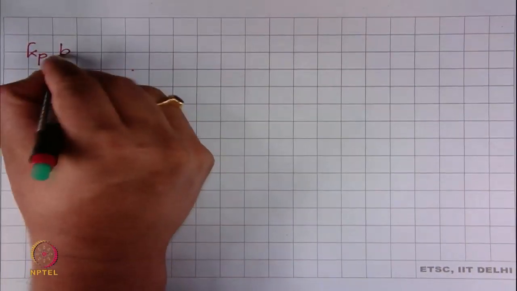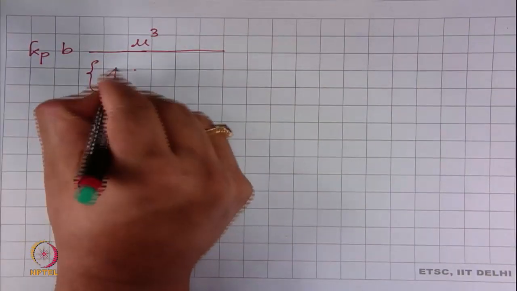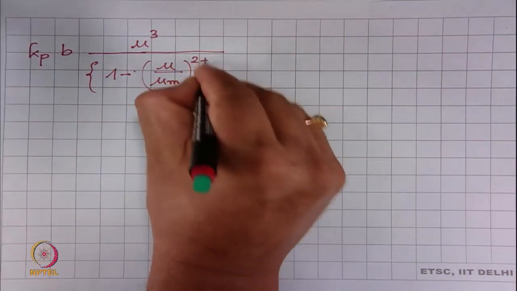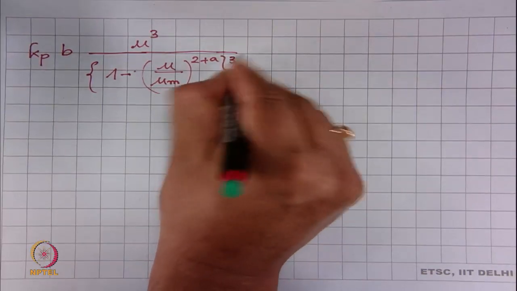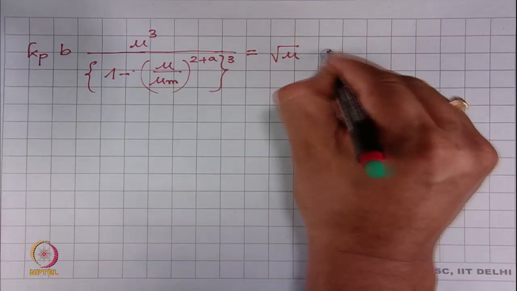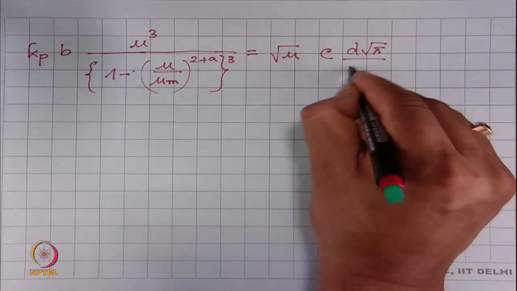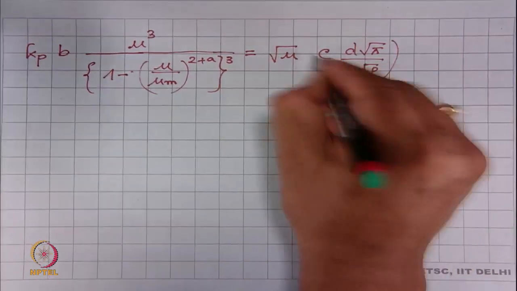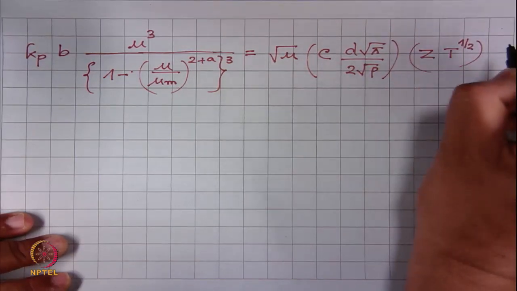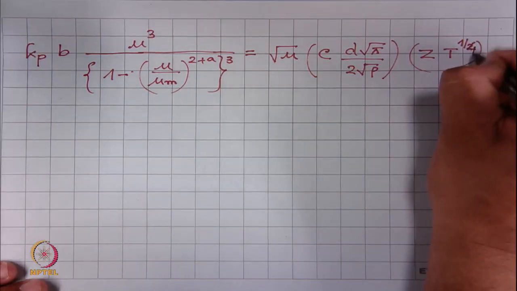K p into b mu cubed by 1 minus mu by mu m squared plus a cubed is equal to root mu into C d root pi by 2 root rho, z t to the power 1 by 4, squared.